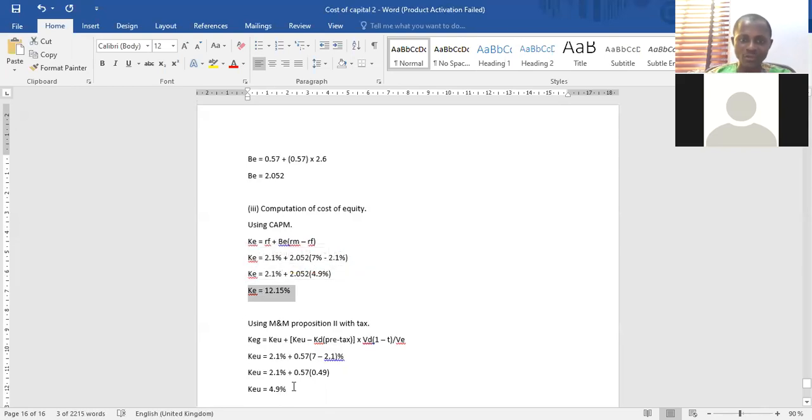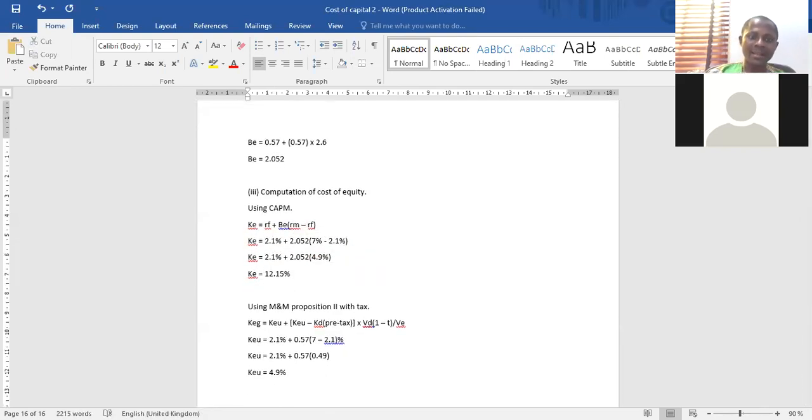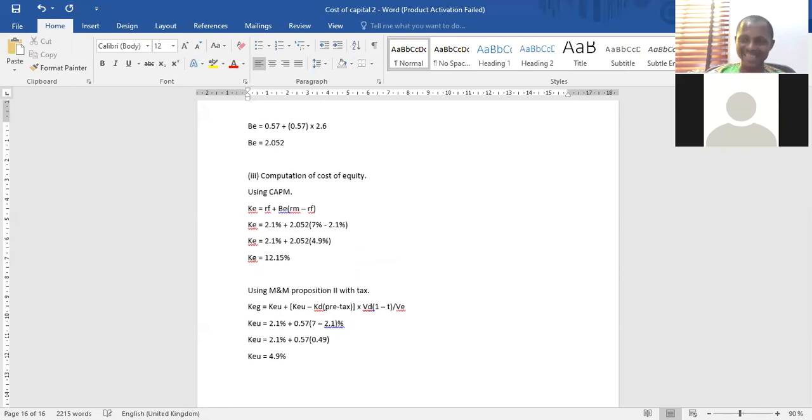Now, based on this cost of equity, I can now go ahead and compute my cost of equity geared. Cost of equity geared is equal to cost of equity ungeared, 4.9% plus 4.9% minus what's the cost of debt of Fameco US subsidiary?